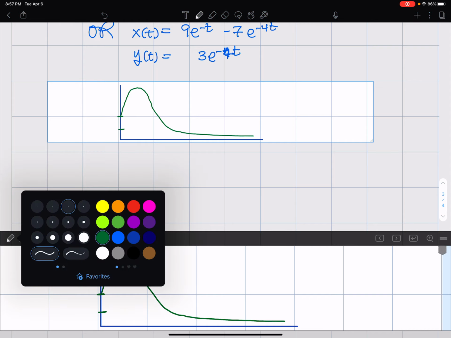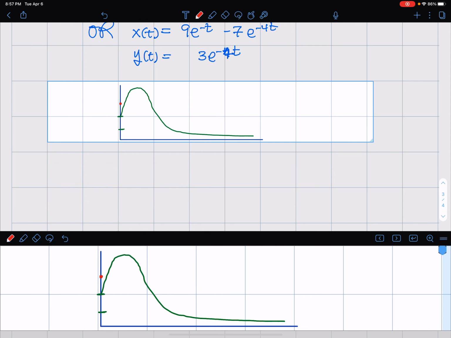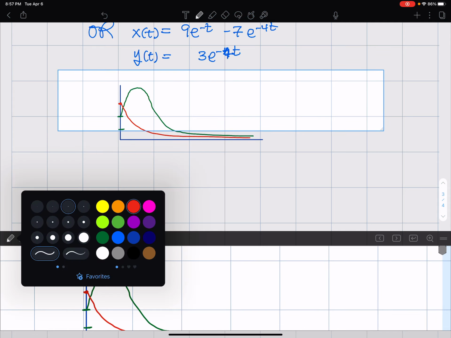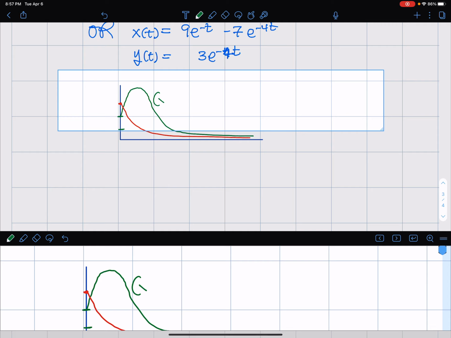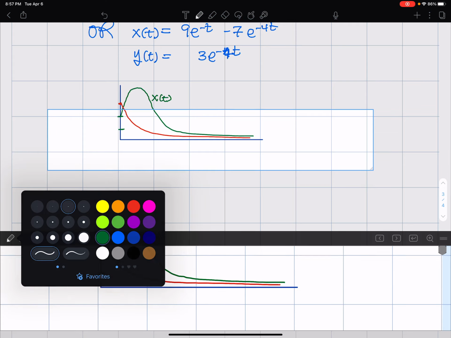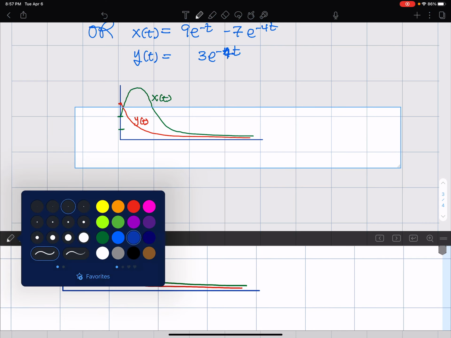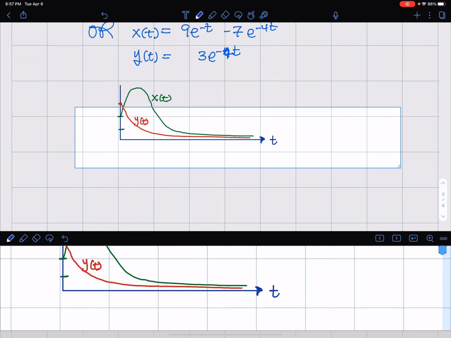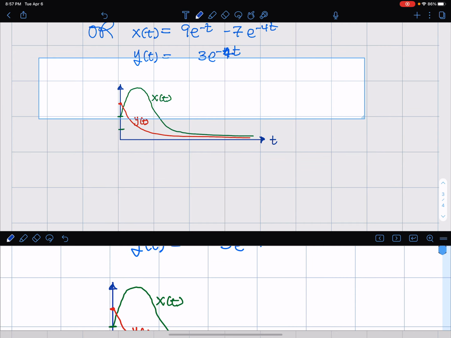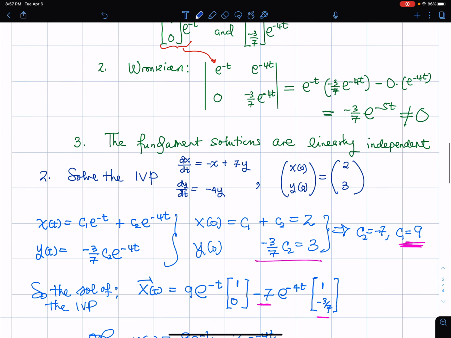And then y of t looks like this. All right, so this is x of t, and the red one is y of t. I don't expect you to be able to sketch it by hand the way I just did. I'll teach you how to sketch it with software.